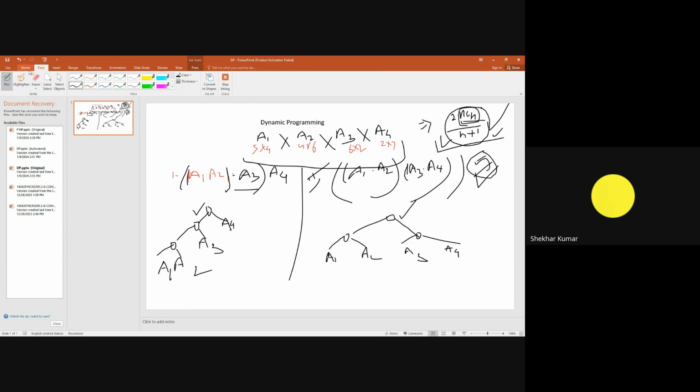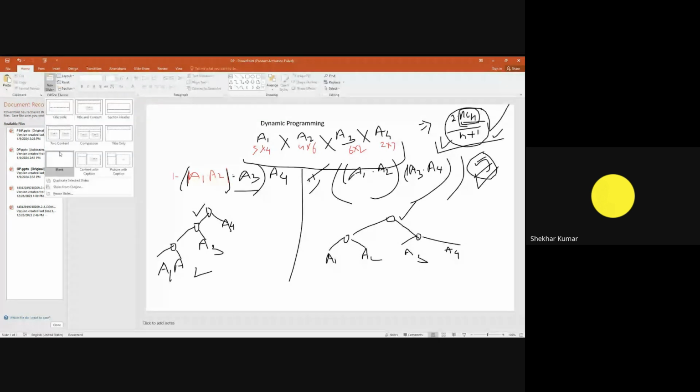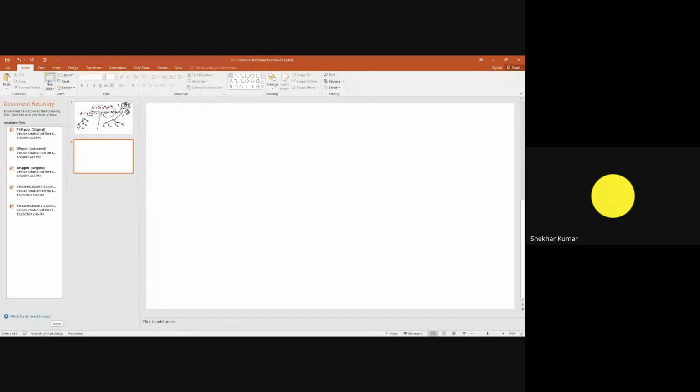The solution is this. This is also called the tabulation method because in dynamic programming we use tables to store the results of previous solutions so that I can use them for further calculation, because I will not calculate the same result again and again. I will just use that result.